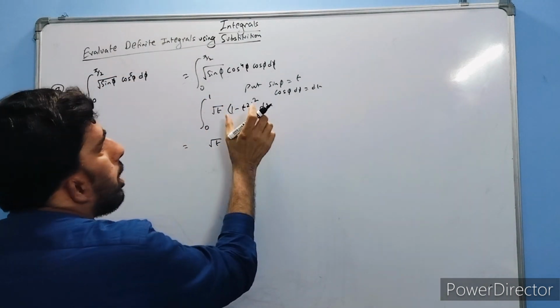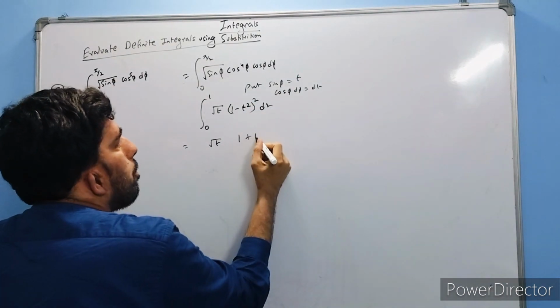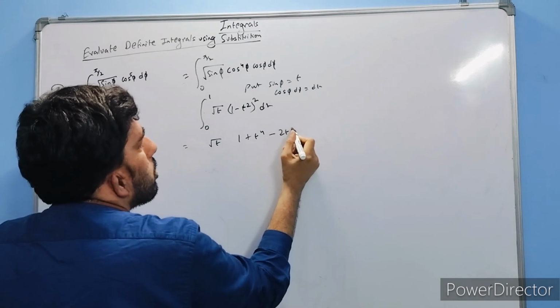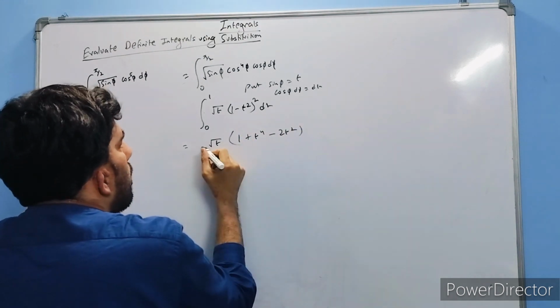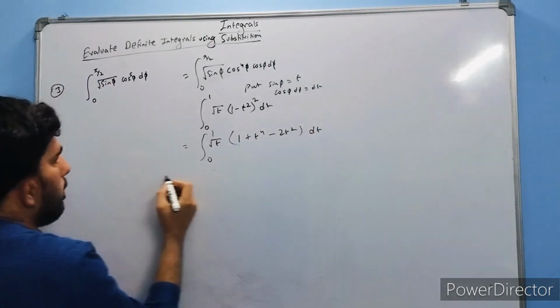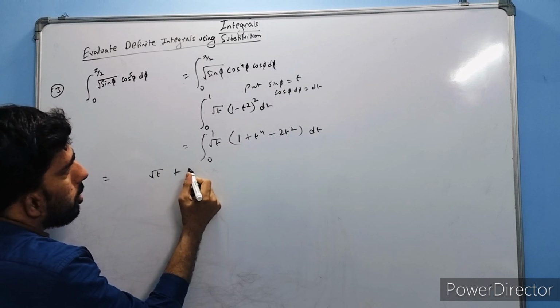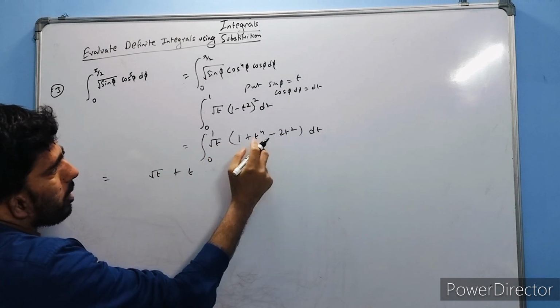We just need to put the formula here, a minus b whole square, that is a square plus b square minus 2ab. Okay, now I have this. To sort it out, we can multiply inside the root t, plus t half plus 4.